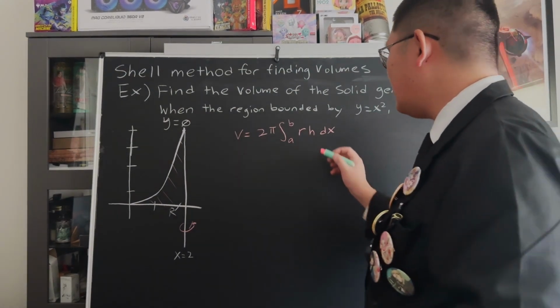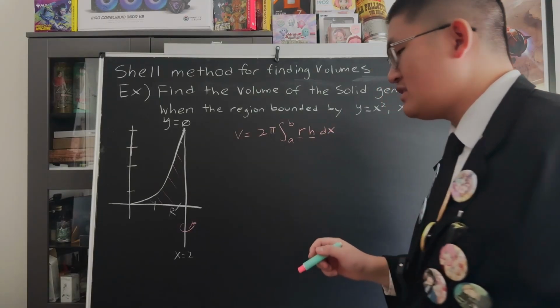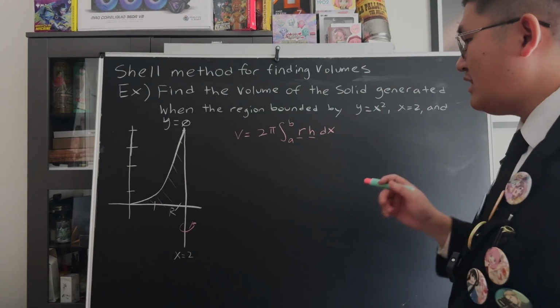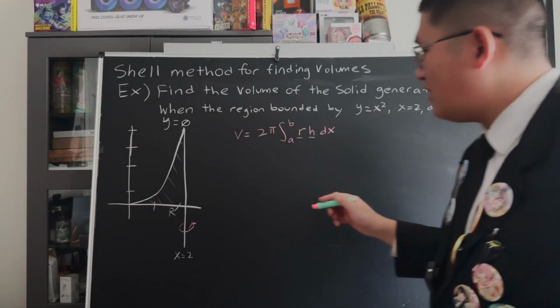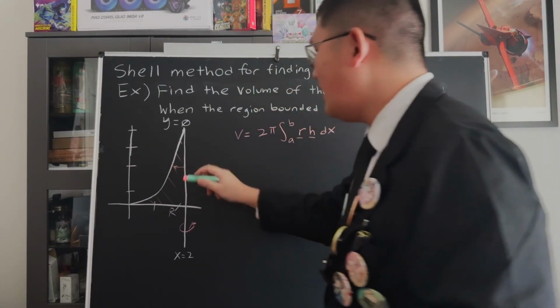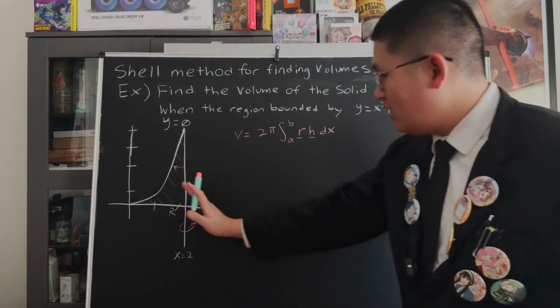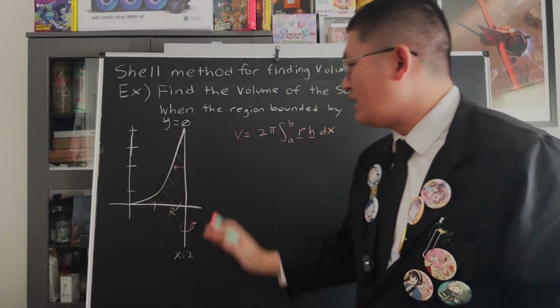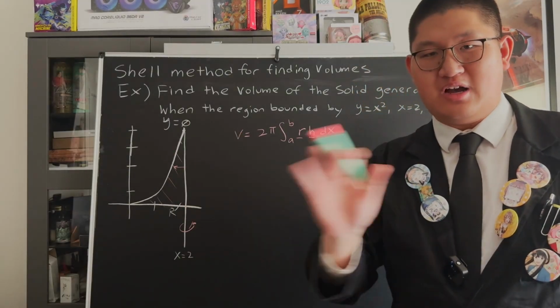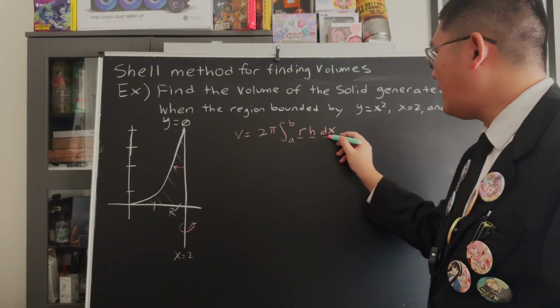And now we must decide, what is the radius and what is the height? If you think about it, the radius is how far away our line is from each shell that we're integrating. So don't think of it as just the actual function itself, because we're not going by the function. Remember, we're going by dx.